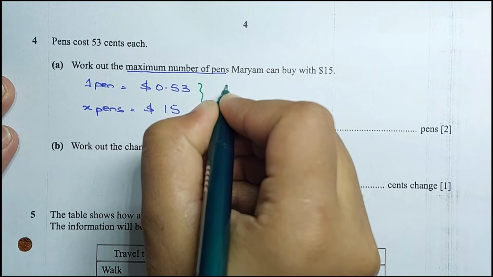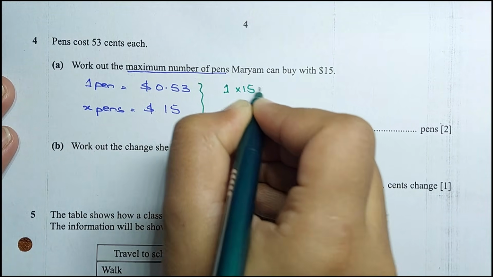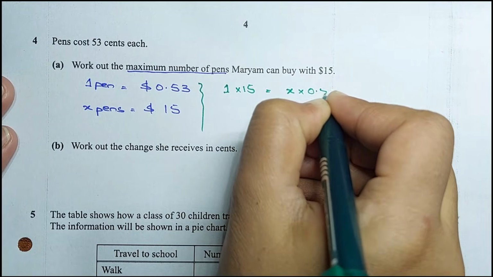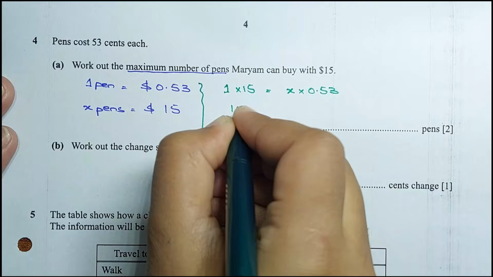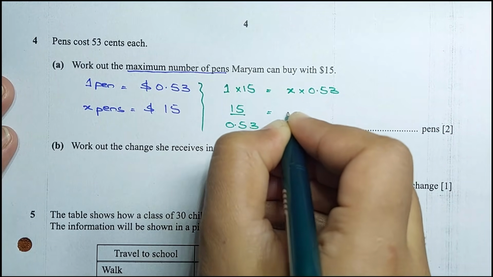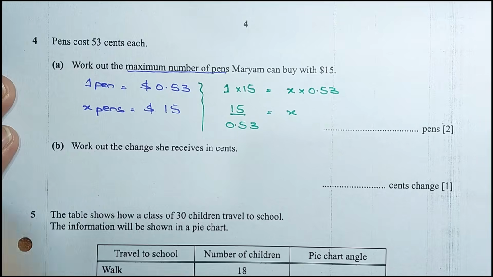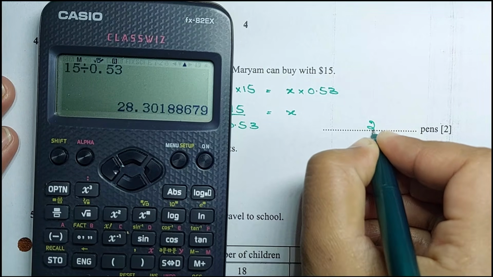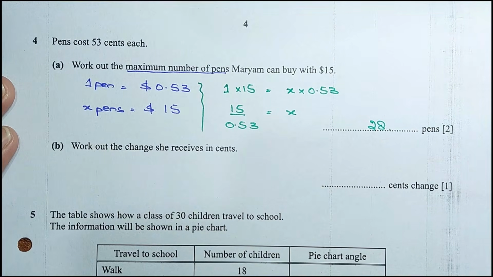Cross multiply: 1 times 15 and X times 0.53. To solve for X, 15 over 0.53. 15 divided by 0.53 is 28.30. So the maximum number of pens she can buy is 28.